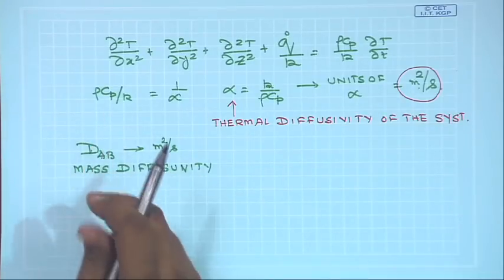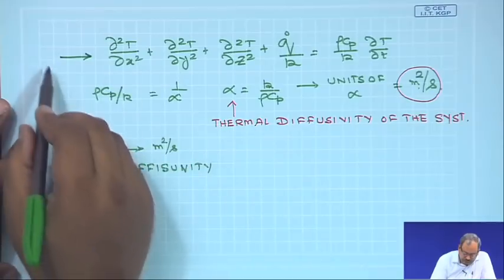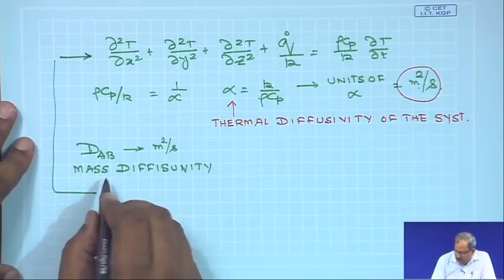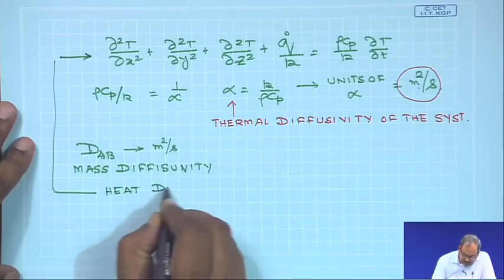But the fact that all three have the same unit would possibly have led people to think that it is possible to use the same type of analysis for heat, mass and momentum transfer. So, the fundamental equation which we now have for conduction is this. This is known as the heat diffusion equation.